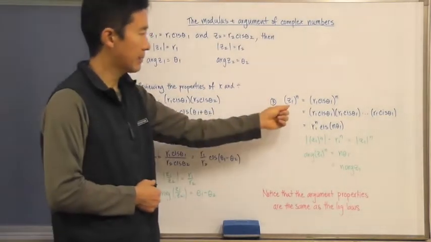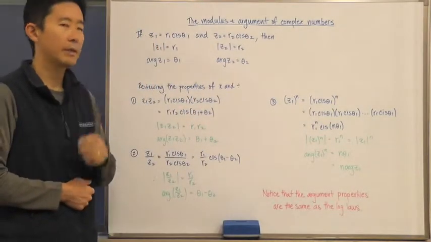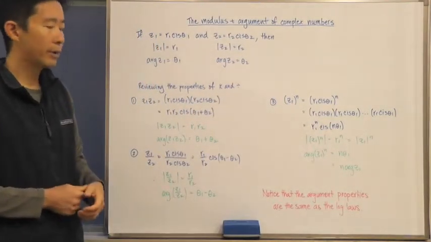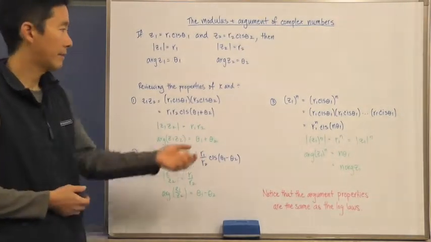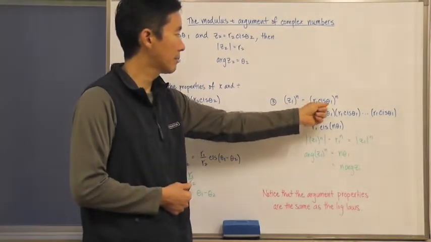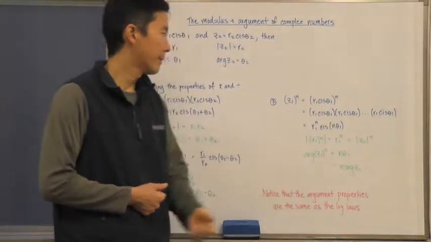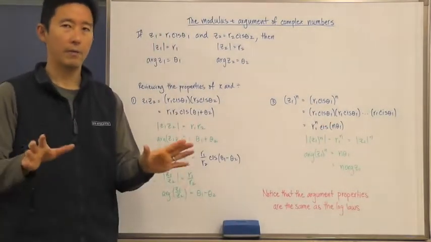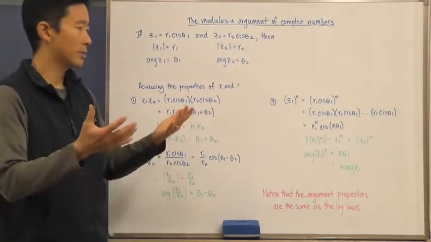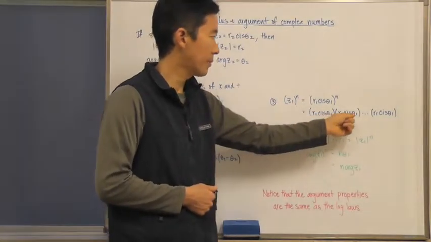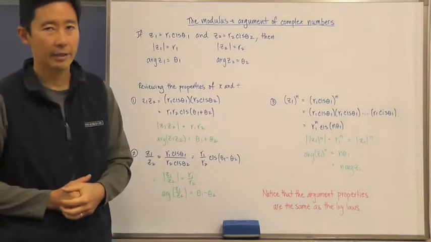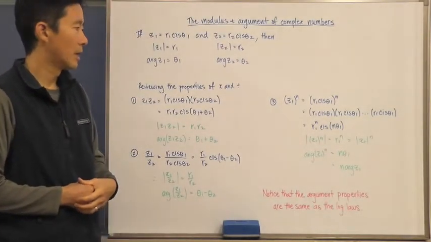We're going to take a look at something a little bit different in number 3. What if we take z sub 1 and raise it to the n power? Then we have r sub 1 cis theta sub 1 raised to the n power. Again, powers represent repeated multiplication, so let's write it with n factors of z sub 1.